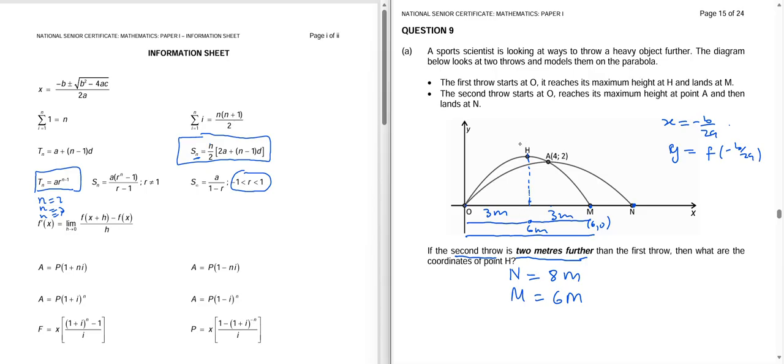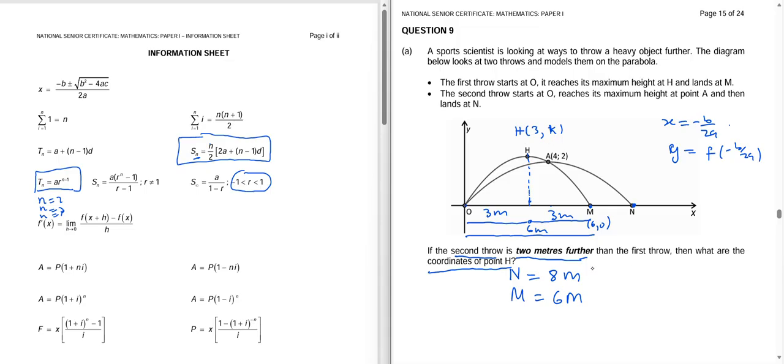It means that our H coordinate is going to be 3, some y value. Maybe I can call it k. Some k value, we don't even know it. And the question is asking, what are the coordinates of H? So to get the coordinates of H, you need to find the k value.